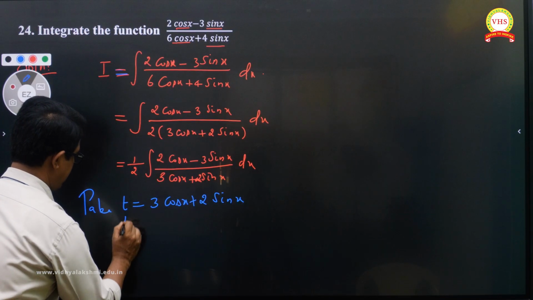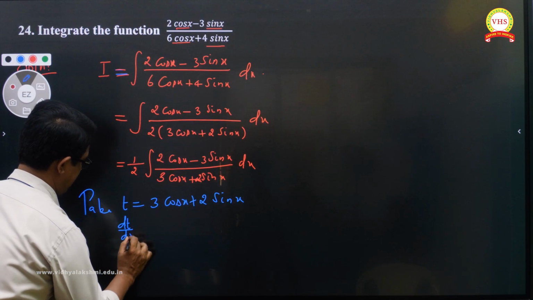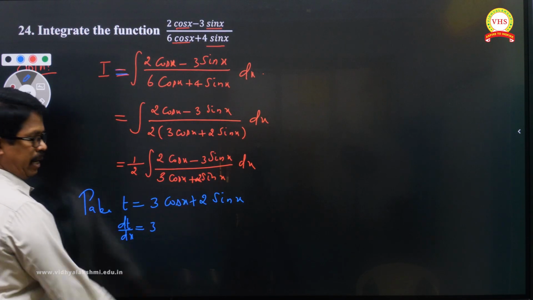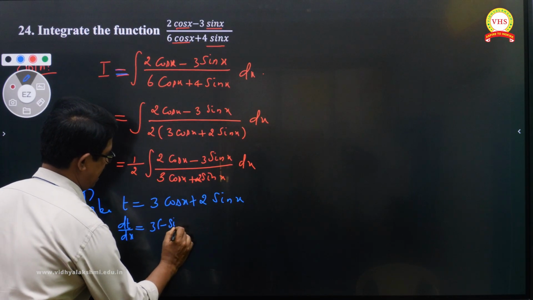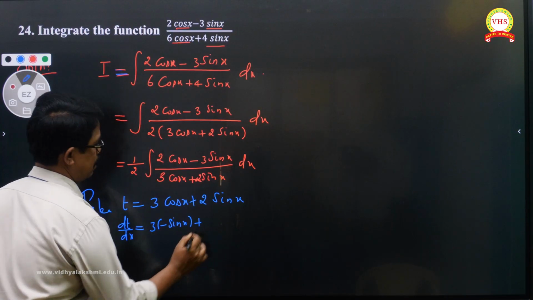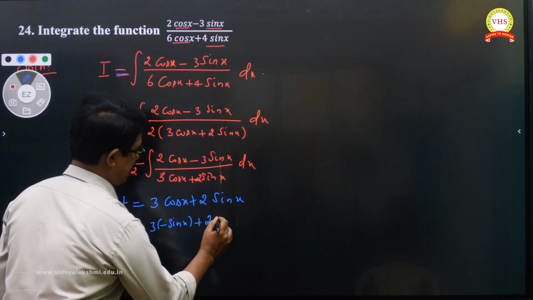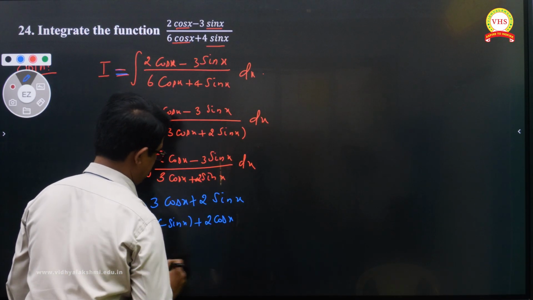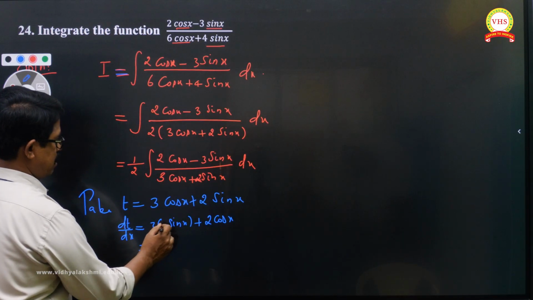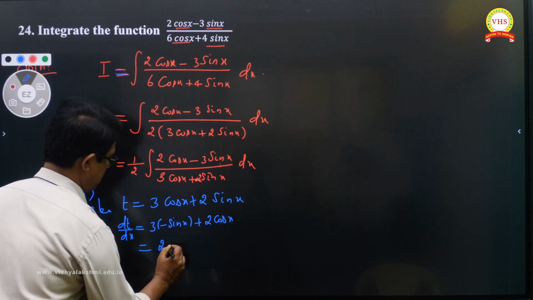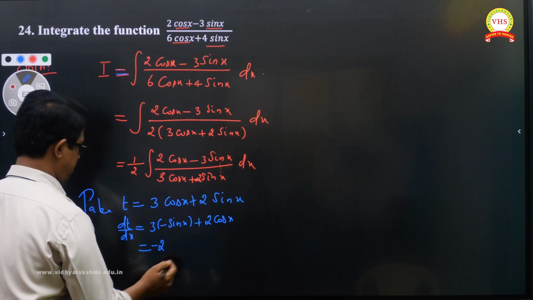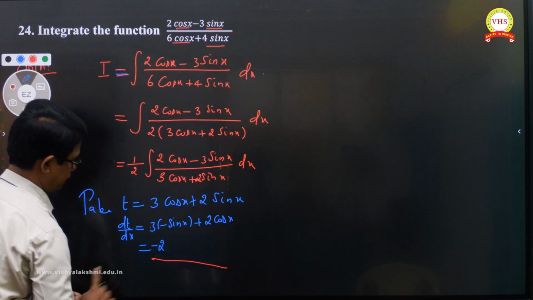That means dt divided by dx equals 3 into, what is the derivative of cos x, Kanna? Minus sin x, plus 2 into the derivative of sin x as cos x. Now, because sin got minus, change the place, that means 2 cos x minus 3 sin x, or otherwise you can write directly, no problem.